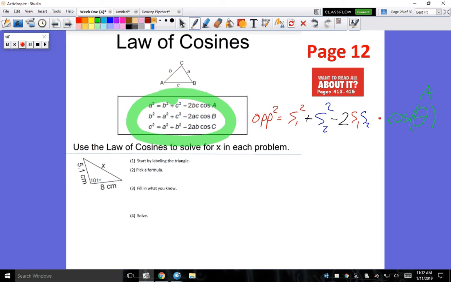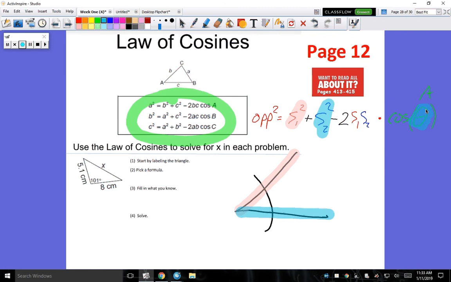Here we go. It's all about this. I don't want you having SAS. But if you were going to have SAS, well then have this SAS right here. This is a side. This is the other side. And the angle that is between those two sides is that one, right here.